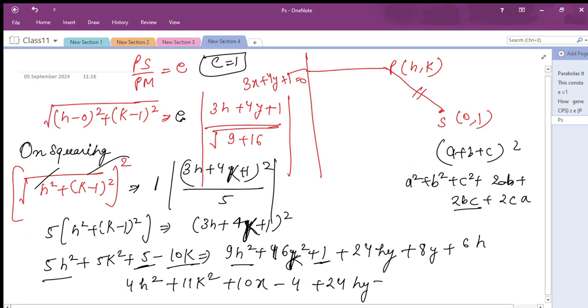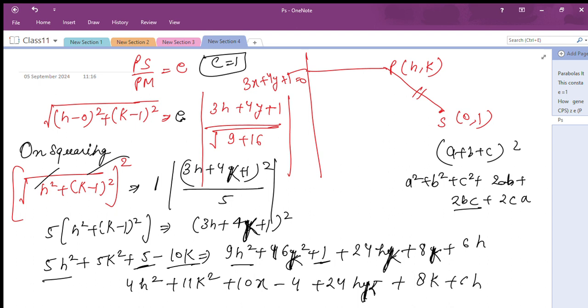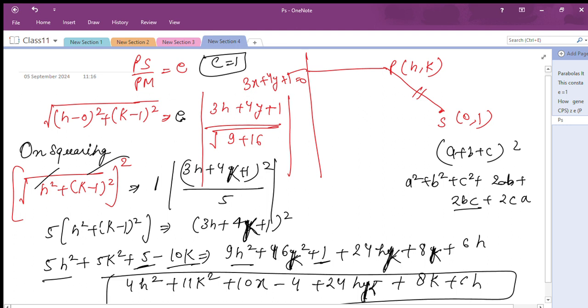Sorry, it's not a y, it's a k. Always remember, it's a k. I made a mistake here. Plus 24hk plus 8k plus 6h. So this will be the equation of the parabola.